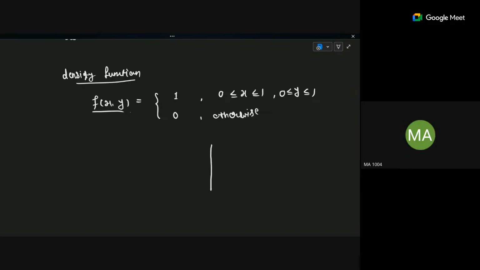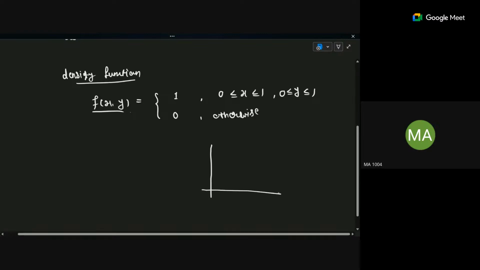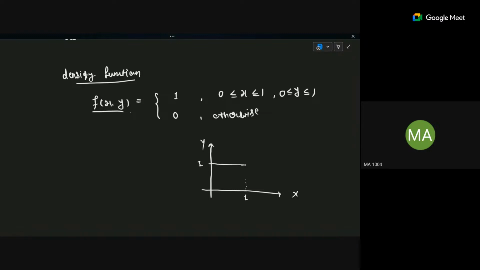Whenever you plot this type of thing on real lines, let's say this one is for x and this one is for y, with 1 here on each axis. So what will be our targeted region? This one. The point is that whenever you have two continuous random variables, you will be dealing with the concerned area.